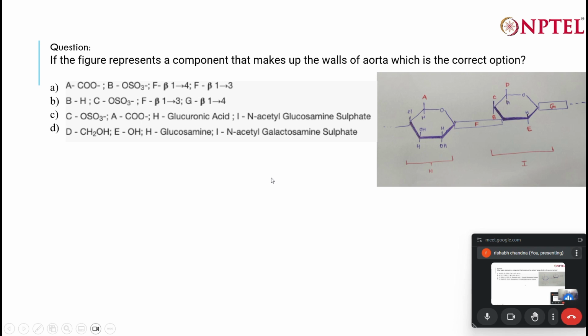If the figure represents the component that makes up the walls of the aorta, which of the following can be the correct option?